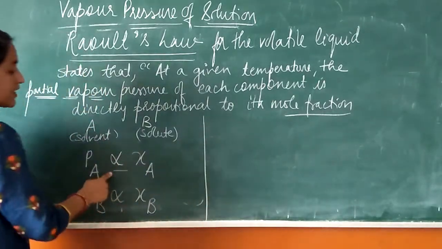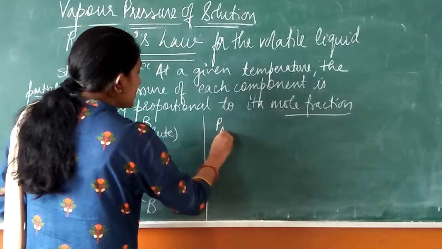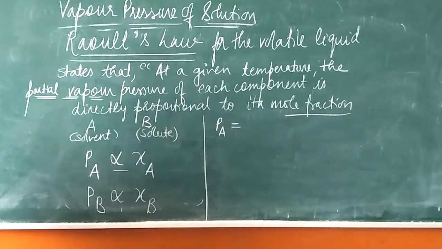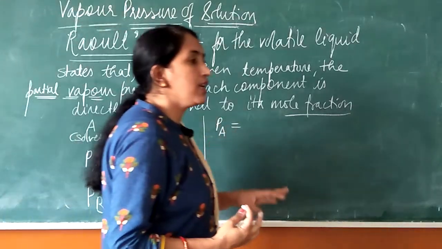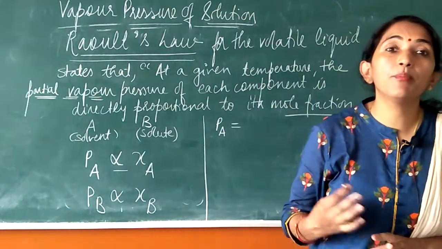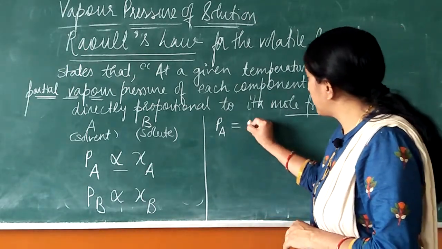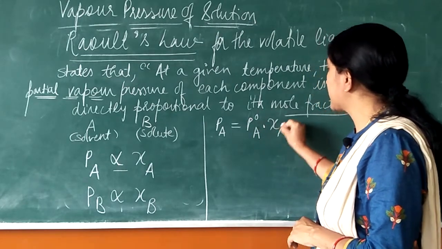When we remove this proportionality sign, a constant will be there, and that constant, in terms of A or B, will be the vapor pressure of the pure component. So here PA will be equal to P naught A times XA.